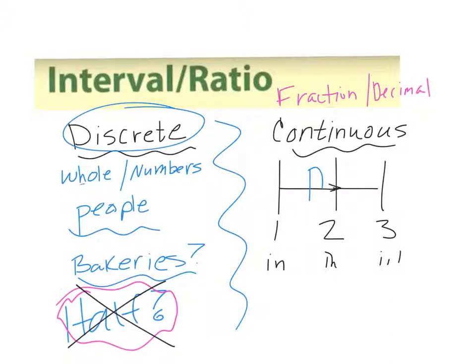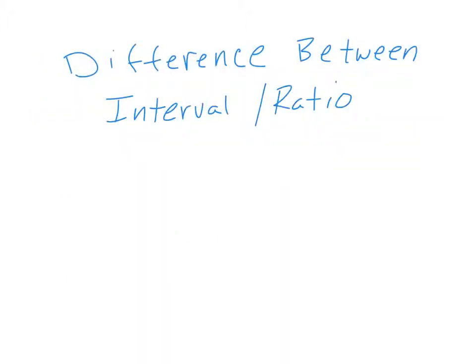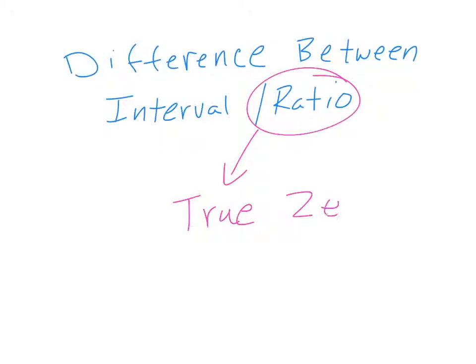And again, interval and ratio data could be discrete or continuous, so it's important to notice that you can have interval or ratio data that is discrete or continuous. So what the heck is the difference between interval versus ratio? The key is that ratio data has what we call a true zero.